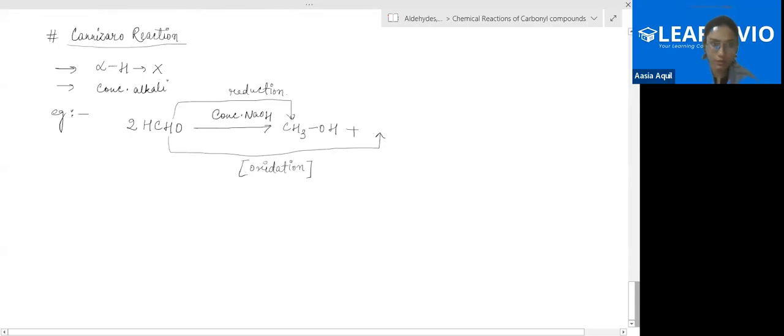On oxidation, the aldehyde will convert into carboxylic acid. But see here, we are using sodium hydroxide, so the metal is there, right? So it will form a salt. Okay, so what will be the product? HCOONa. This is the Cannizzaro reaction.